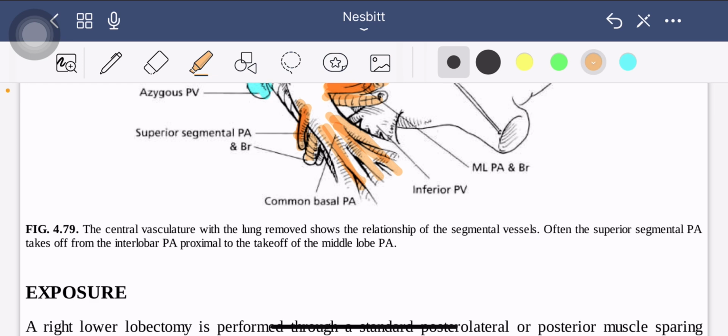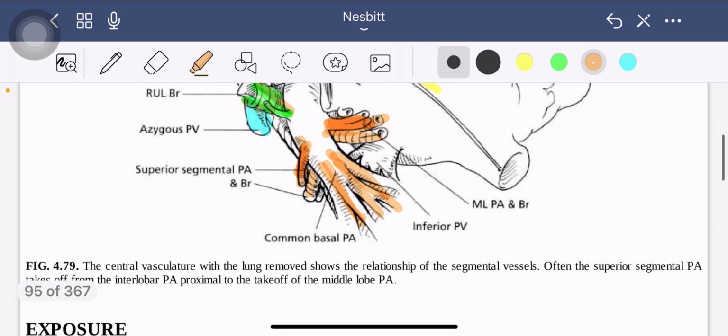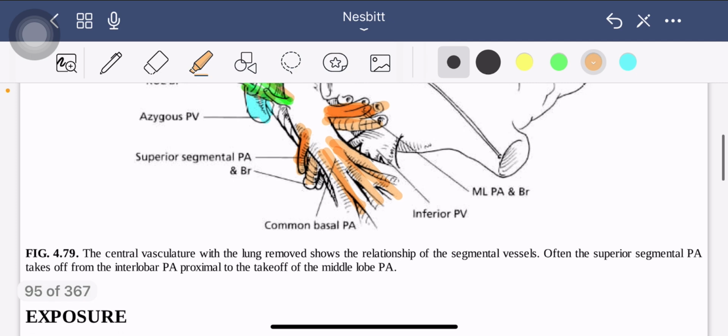So the central vasculature with the lung removed shows the relationship of the segmental vessels. Often the superior segment pulmonary artery takes off from the interlobar pulmonary artery proximal to the takeoff of the middle lobe pulmonary artery.